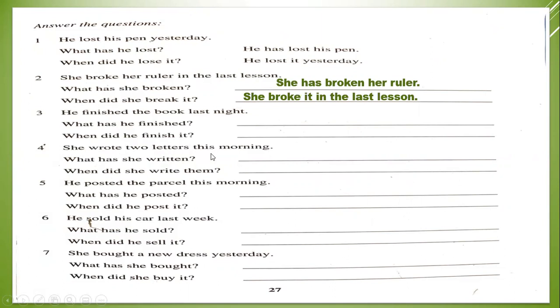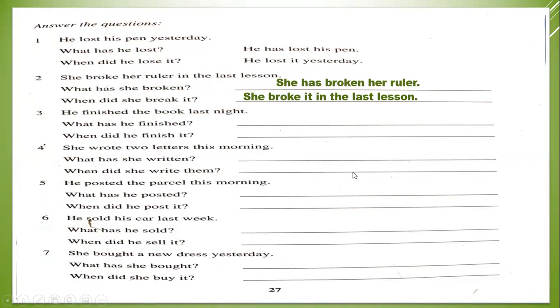She wrote 2 letters this morning. What has she written? Has written. Now these are different. Write, wrote, written. The first one is write, the second is wrote, and the third one is written. So with has, we write written. What has she written? She has written 2 letters. When did she write them? She wrote them this morning.